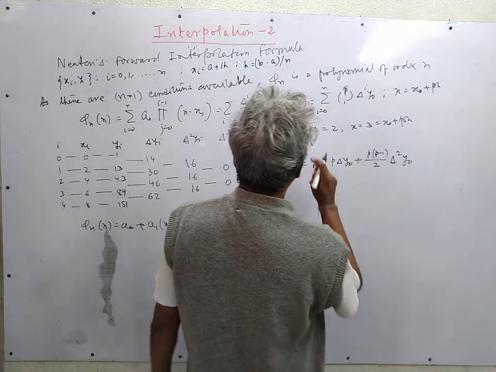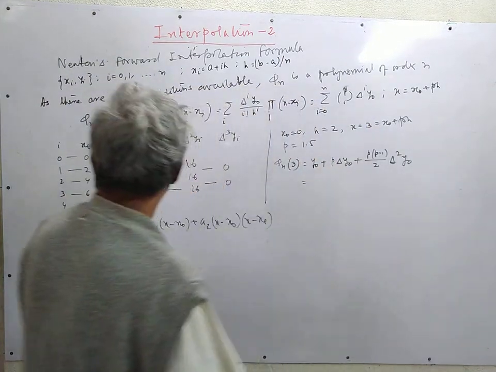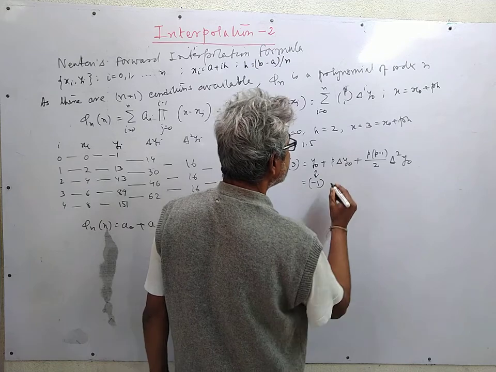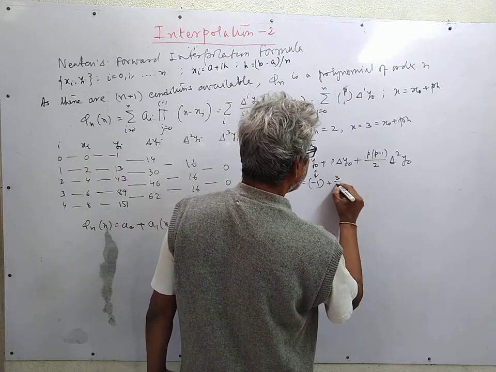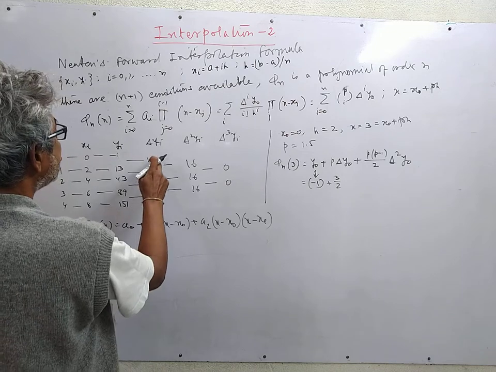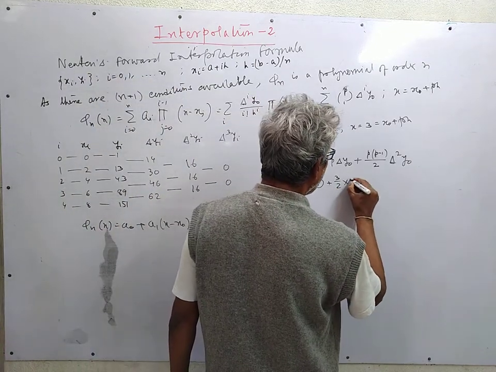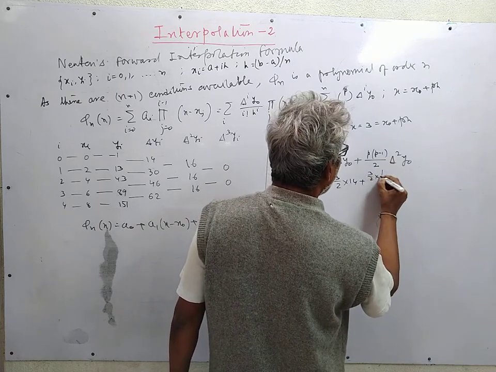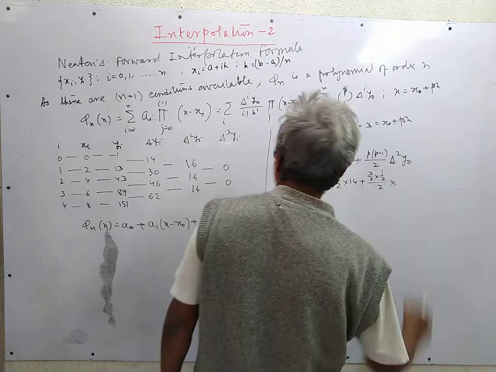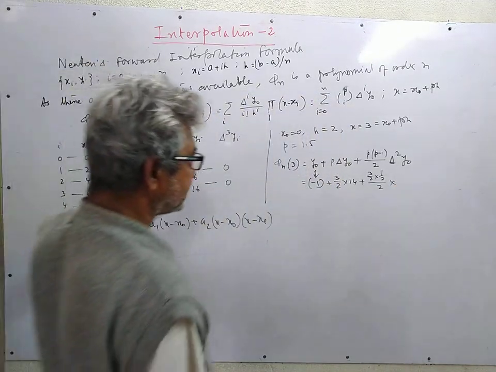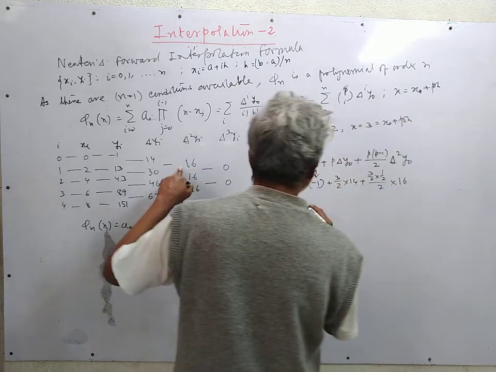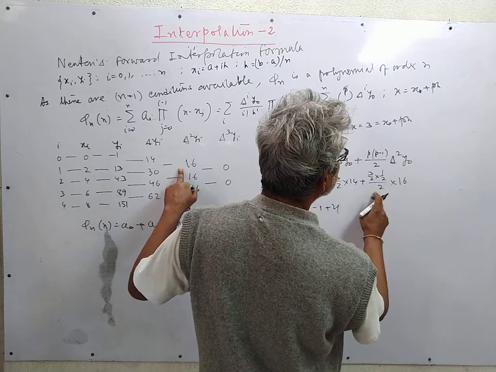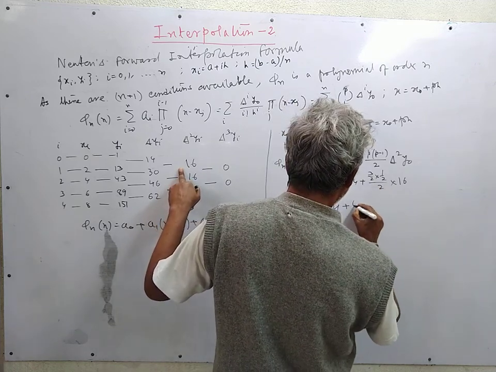And p is equal to 1.5 and y0 is minus 1. For y0, p is 3 by 2, delta of y0 is 14, plus 3 by 2 into 1 by 2 into delta 2 of y1 is 16. So this is minus 1 plus 21, and this is 8 plus 6.